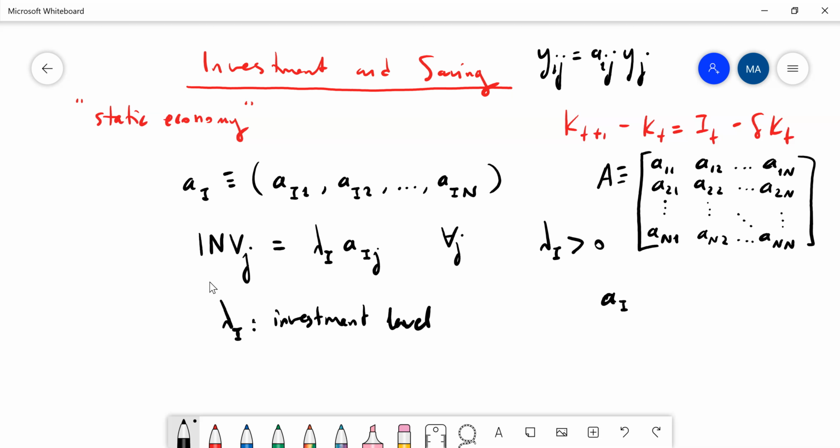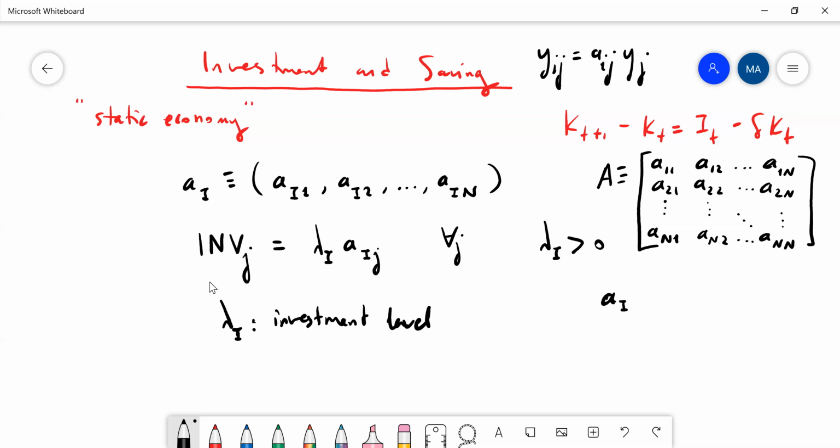So to produce 1 unit of investment good, I need Aij units of the good J. Okay, so in total, if my investment level is lambda I, I need lambda I times Aij units of that good.